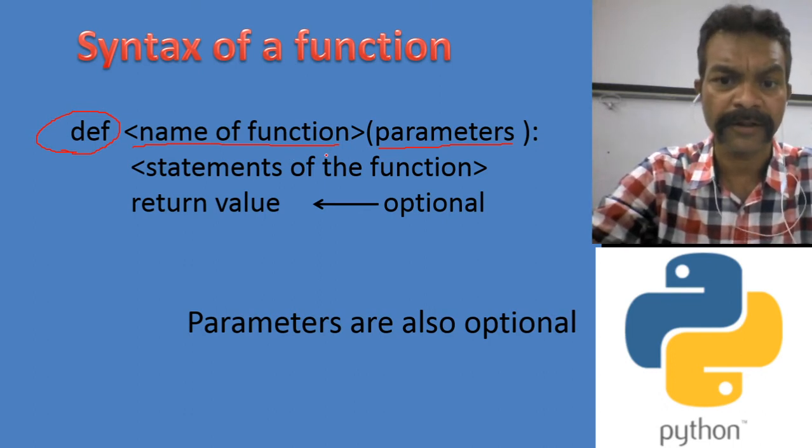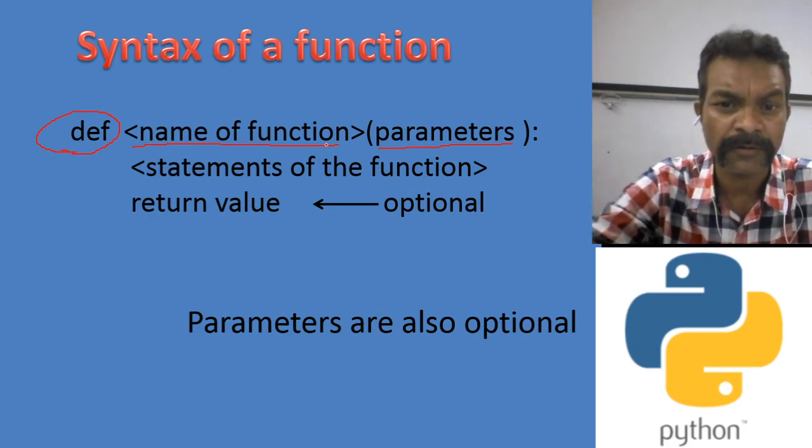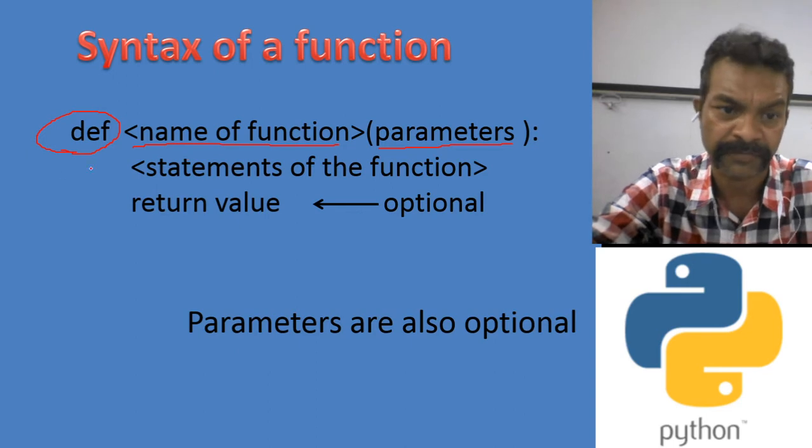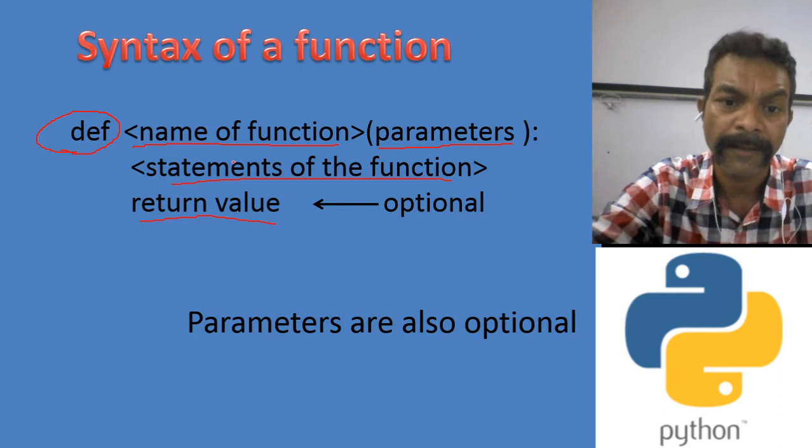After that a colon is required here, because just as we have seen the use of colon in while loop and for loop, like that colon is used in function. Then the statements of the function we will write here, and in the last the return statement comes. But I have already told you it is an optional statement. Sometimes we write a return statement and sometimes we don't write. Parameters, as I have already told you, are optional.